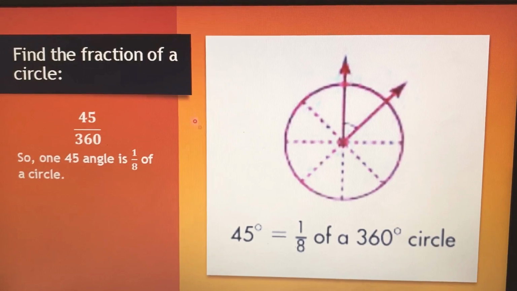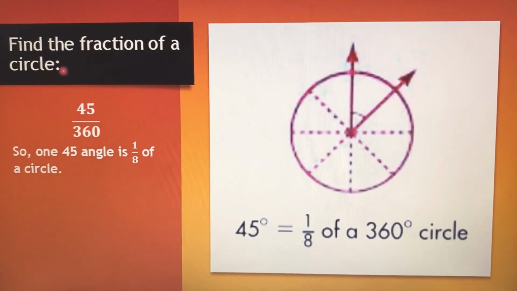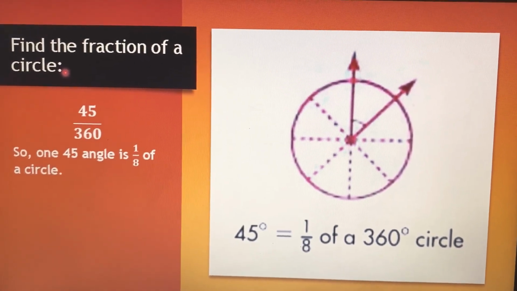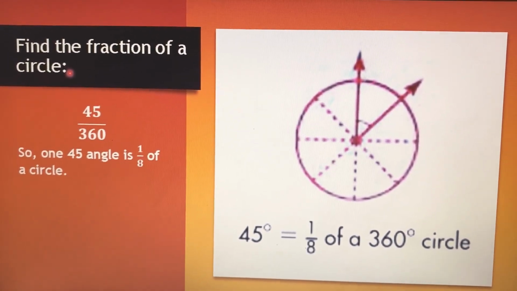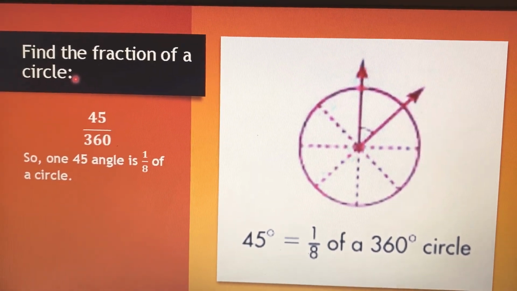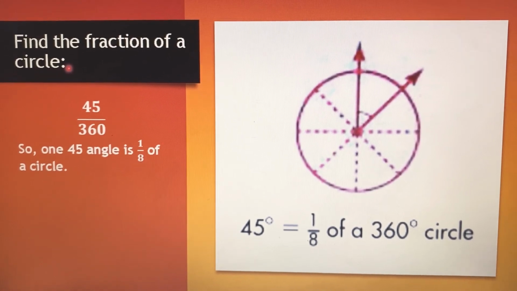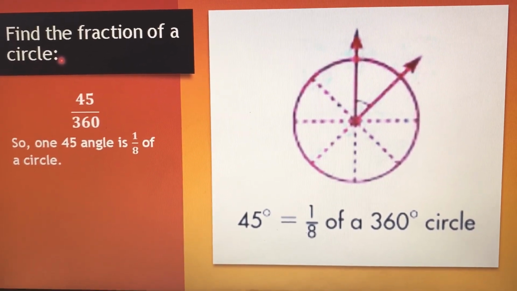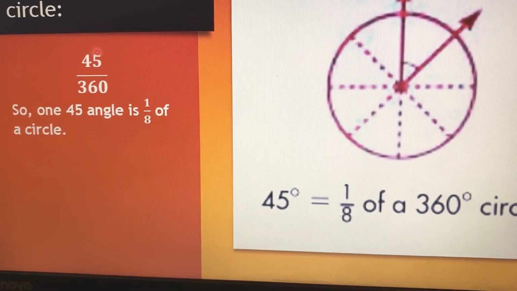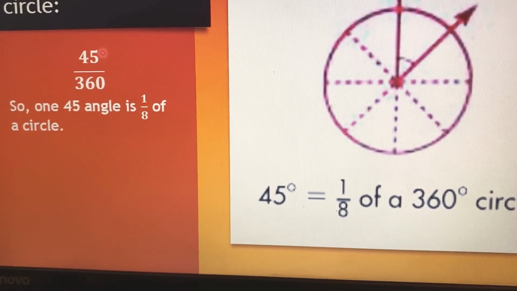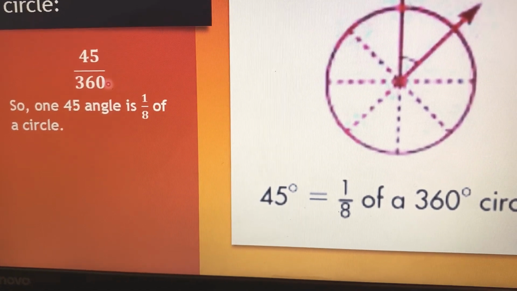Find the fraction of a circle. Before, I was giving you a fraction and you were giving me the degree of this angle. Now I will give you the opposite. I will give you the degree or the measure of the angle, and you are going to give me the fraction. So what you are going to do is write the measure of the angle divided by the total number of degrees that we have.